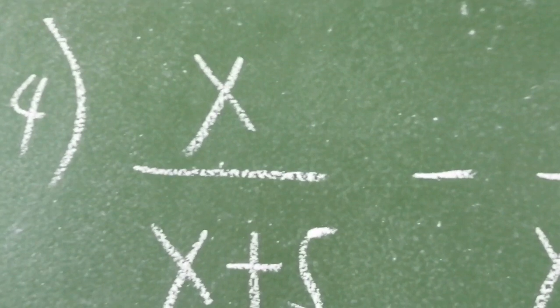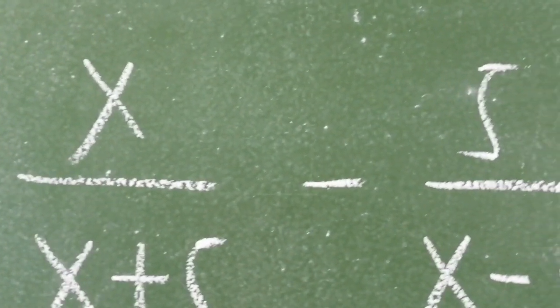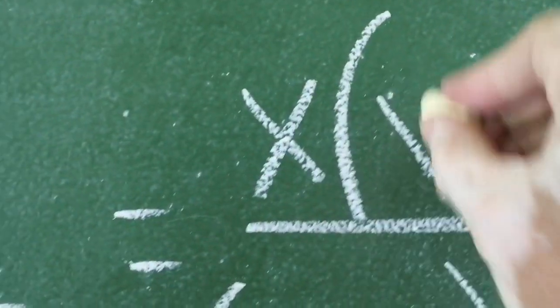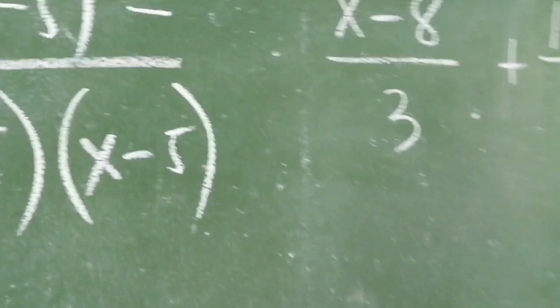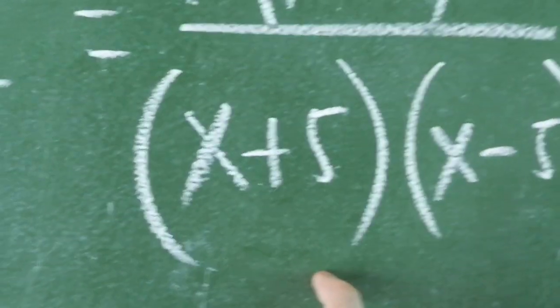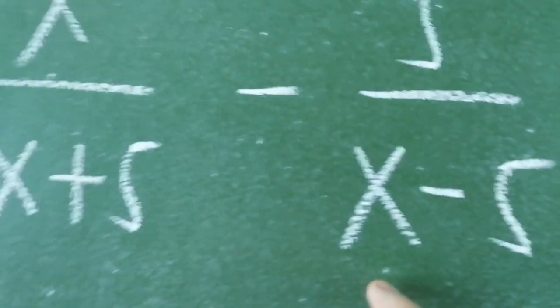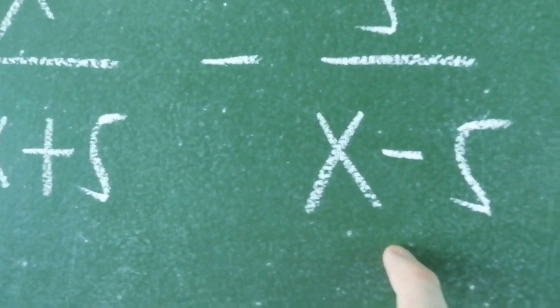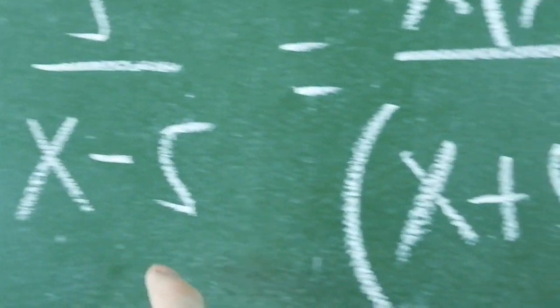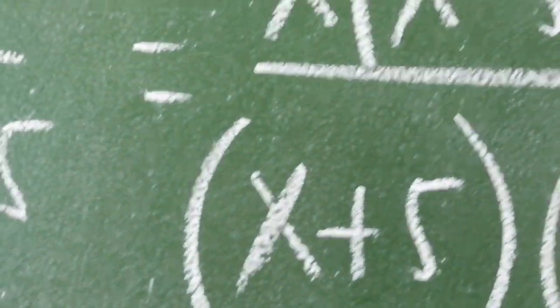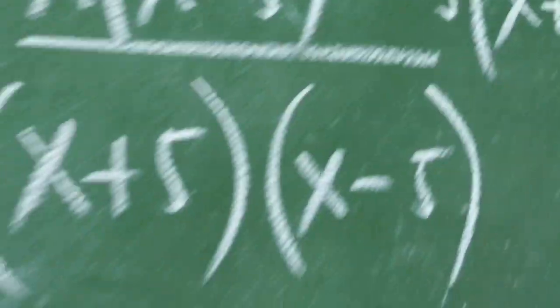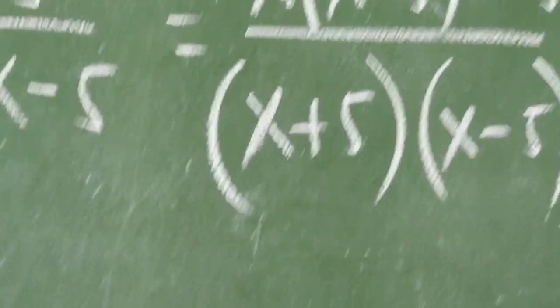Okay, for the sake of learning, shall we just write first x times x minus 5. Okay, minus. The LCD divided by x minus 5. So the quotient is x plus 5 times 5. So it will be 5 times x plus 5. Okay, you just simplify.